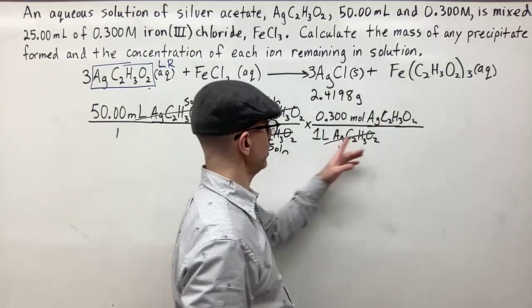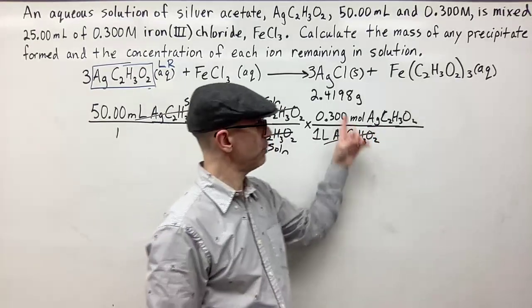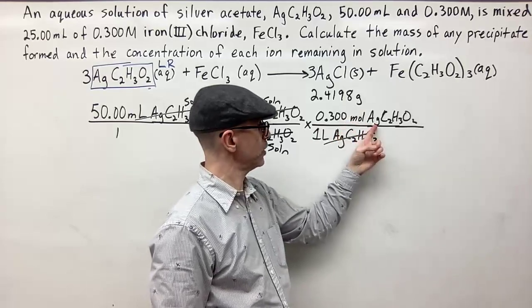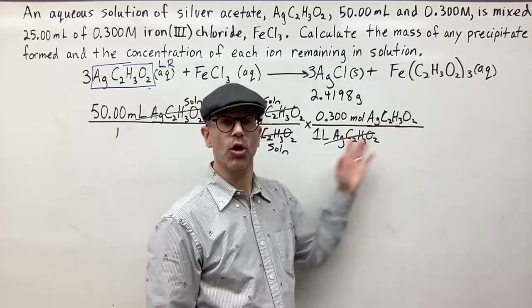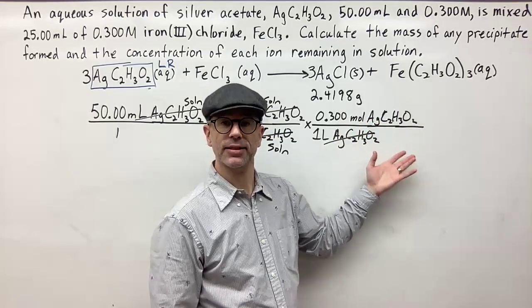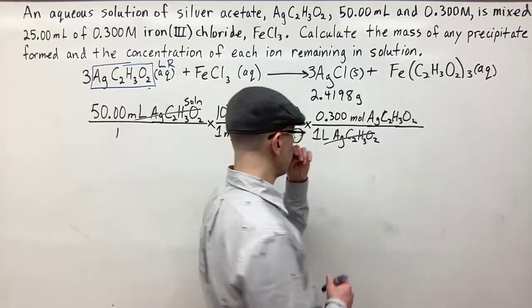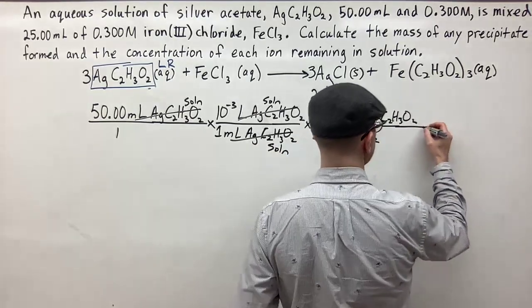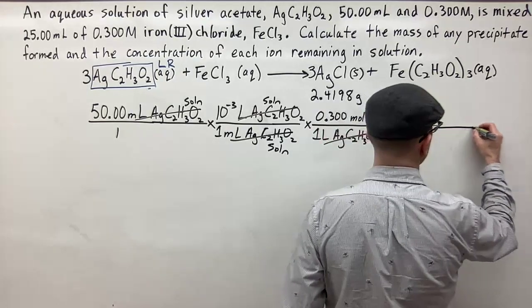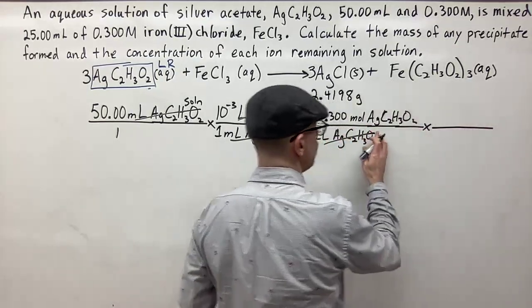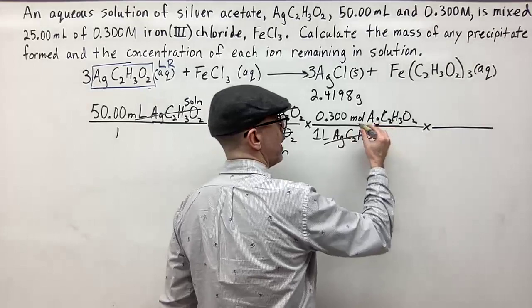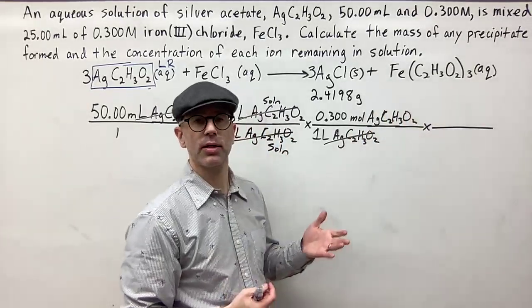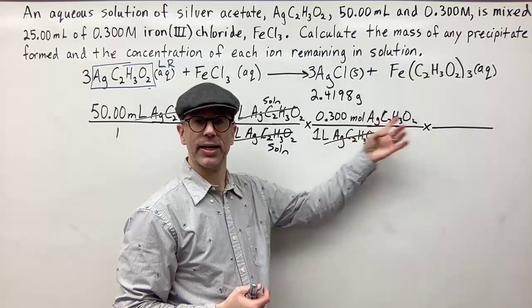So we notice here we can use a mole ratio from the formula. I can convert moles of silver acetate to moles of silver or to moles of acetate ion. Let's go ahead, we're going to have to do this with both anyway. Here it's a 1-to-1 mole ratio. Why? Because for every one of these formula units, I have 1 silver ion and 1 acetate ion.